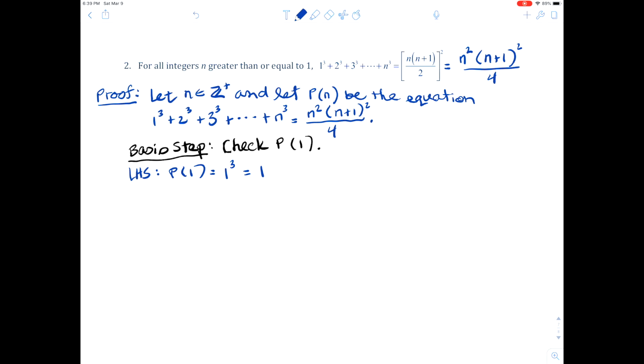And our right-hand side, P at 1 is going to be 1 squared times (1 plus 1), that quantity squared, over 4, which will be 4 over 4, right? Because 1 times 2 squared over 4 is going to be 4 over 4, so we'll get 1. All right, so our basis step checks out, and we can move on to our inductive step.